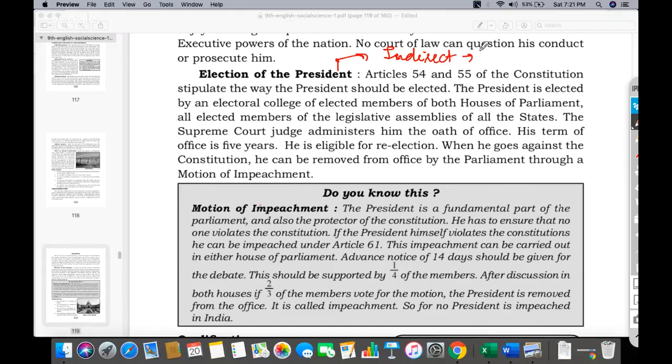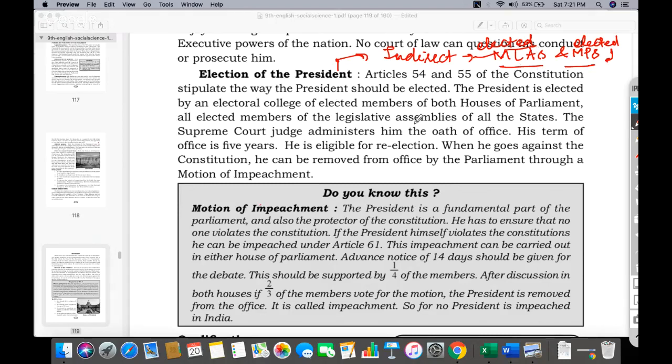Indirect election means we choose our MLAs and MPs, and elected MLAs, not nominated. Always remember, in the President election, only elected MLAs and MPs participate. Nominated ones will not participate.